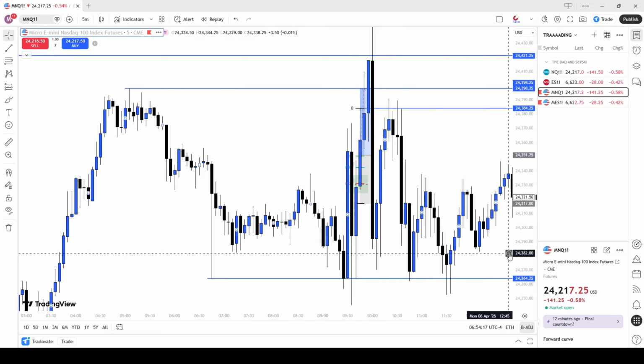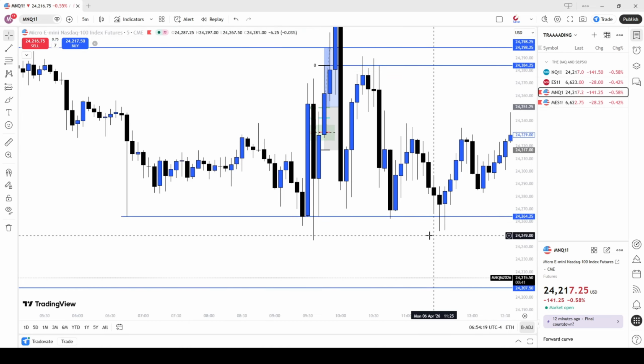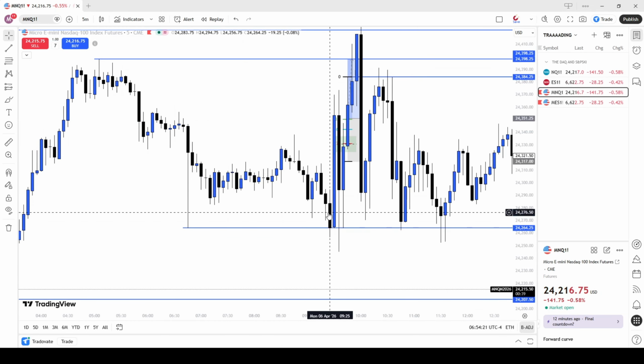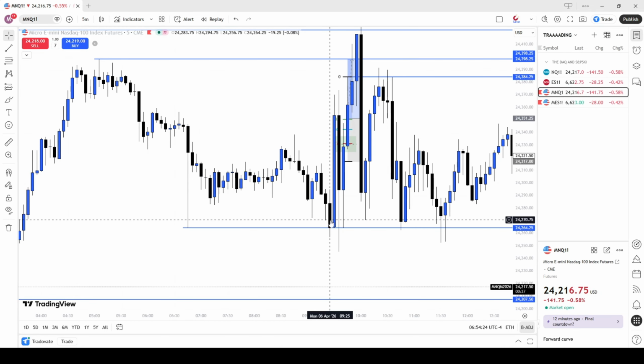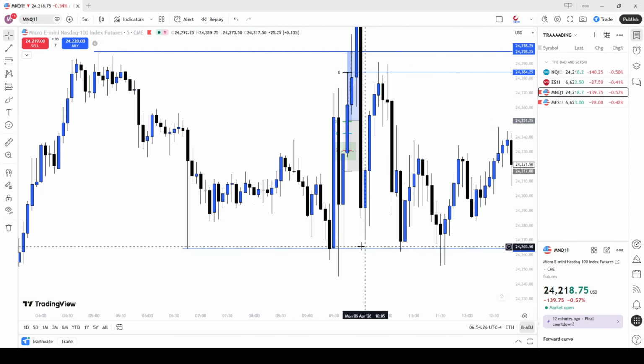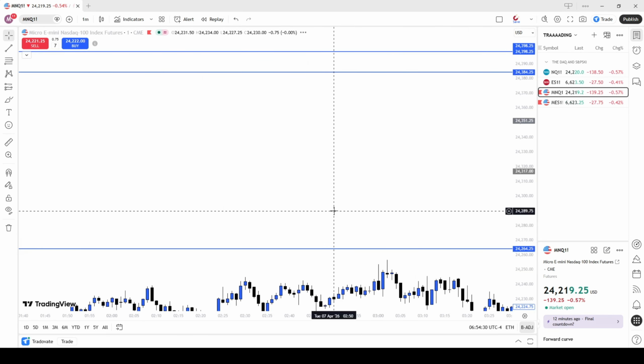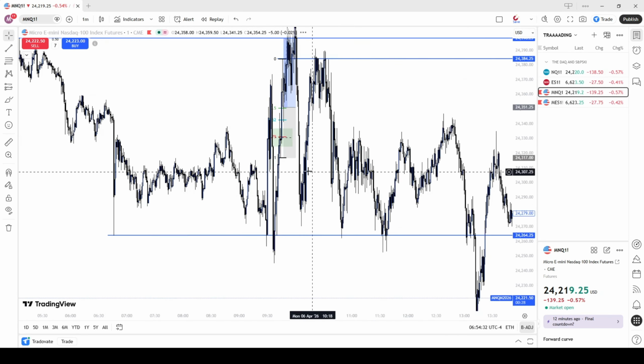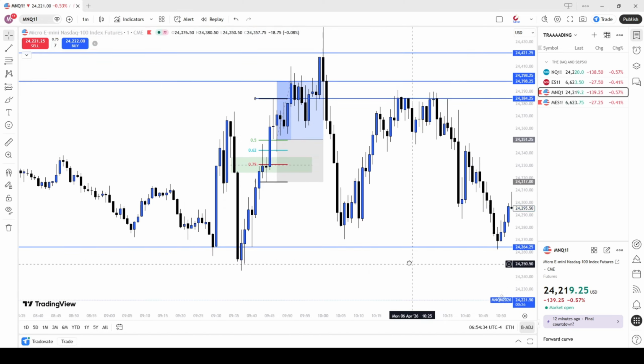So now we are in a bullish 5-minute trend. So what am I looking at? Actually, even pre-market swept out this low. So what am I looking at? Obviously just a 1-minute or a 5-minute continuation confluence.